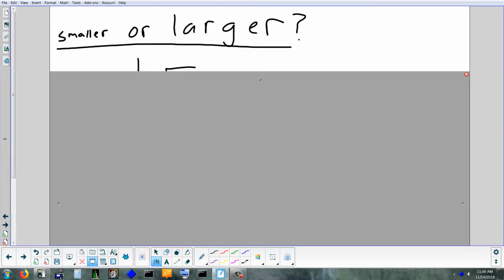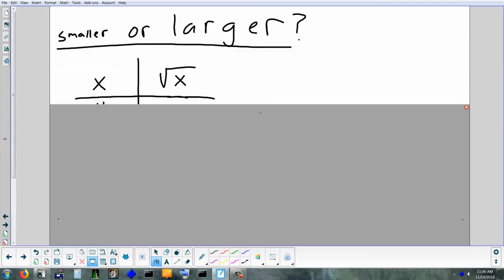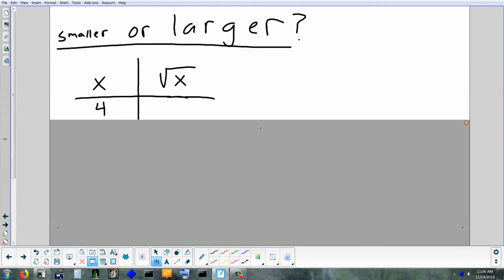Okay. So what I want to do is take some square roots, and see when I take a square root if the answer gets smaller or if it gets larger. Did anyone have a general thought when you take the square root of a number? What happens to it? Smaller? All right, so let's try an example. I'm going to start with 4.